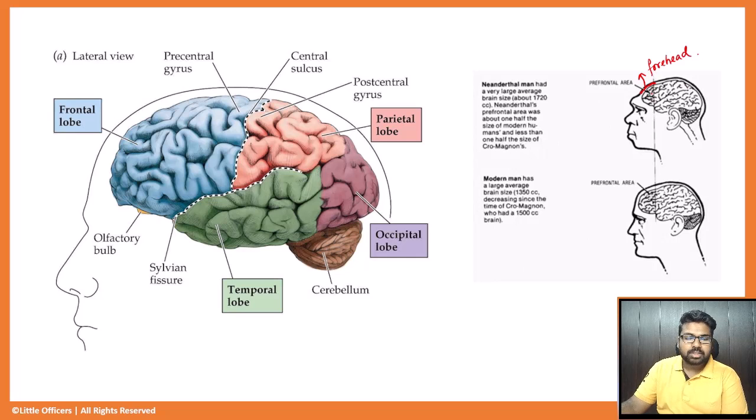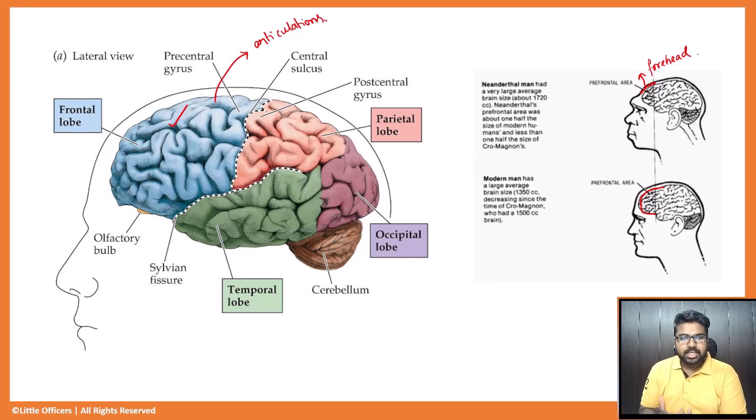Why? Because the development of forehead happened as the brain got expanded. In case of modern man, there is an expansion of the brain, and this particular lobe is called frontal lobe. This frontal lobe is the reason behind all articulations that we do.